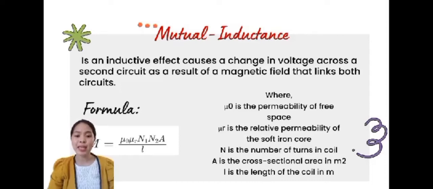A battery and a key are connected to the P coil, whereas a galvanometer is connected across the S coil. When there is a change in the current or the magnetic flux linked with the two coils, an opposing electromotive force is produced across each coil, and this phenomenon is termed mutual inductance.